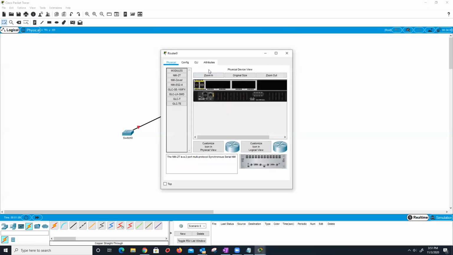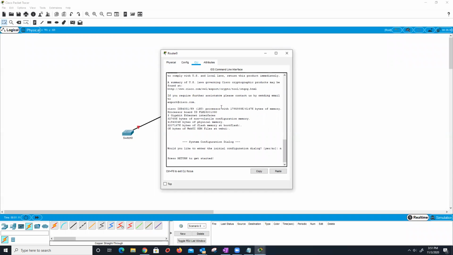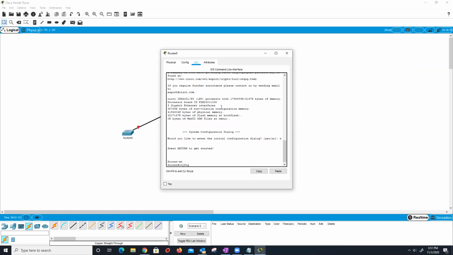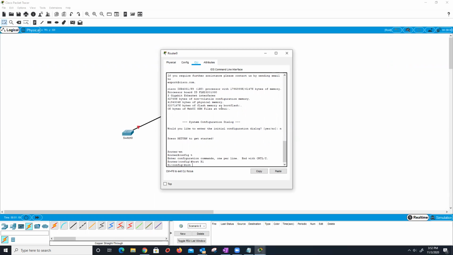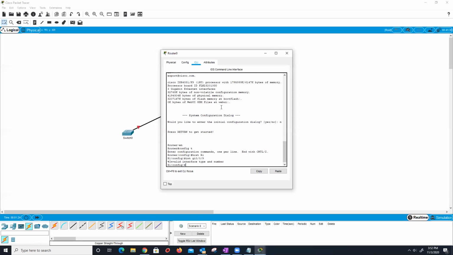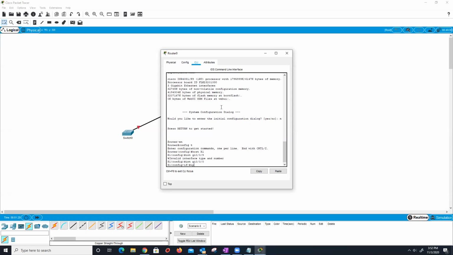So I'm gonna go over here on R1. Enable, config T, host R1, int gi0/0/0. By the way, a lot of times when I'm doing my own examples, I always use 0/0/0 as the outside because it's an O, and I use 0/0/1 as the inside, just for simplicity's sake.